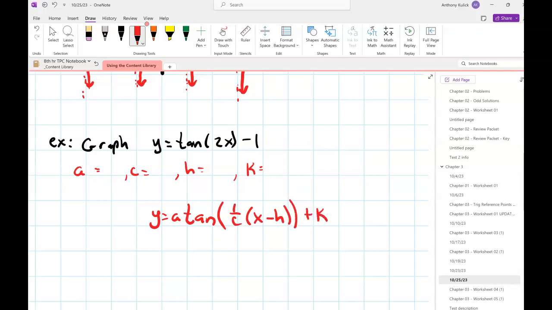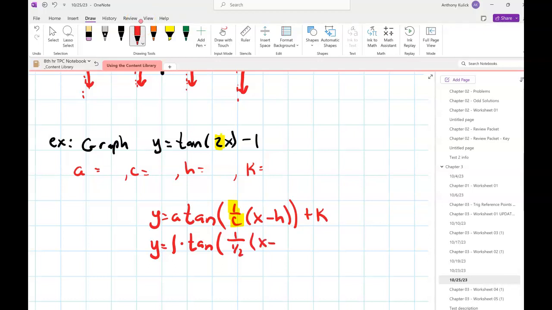So the value for my A should be 1. The value for my C should be, 2 is 1 over C, 1/2.